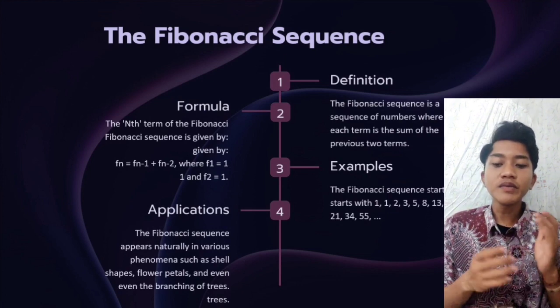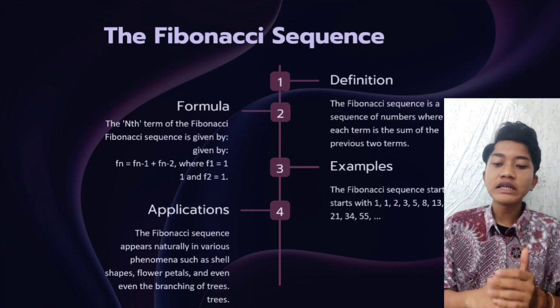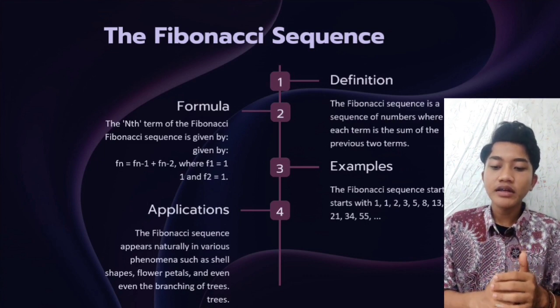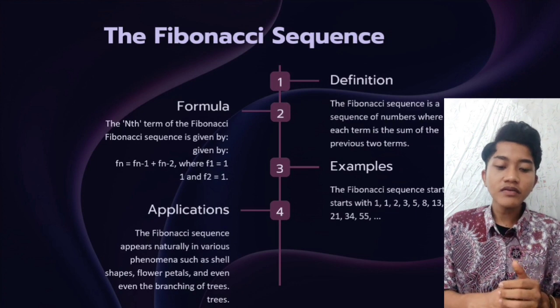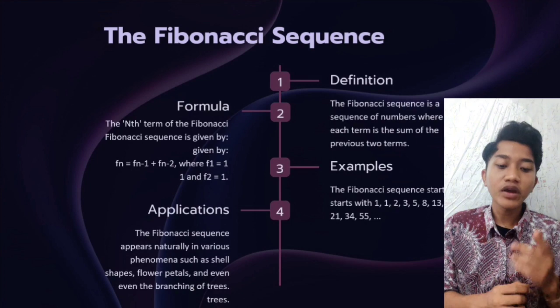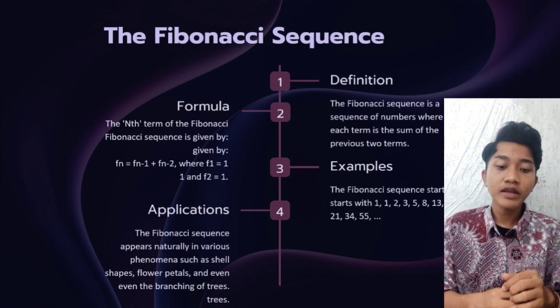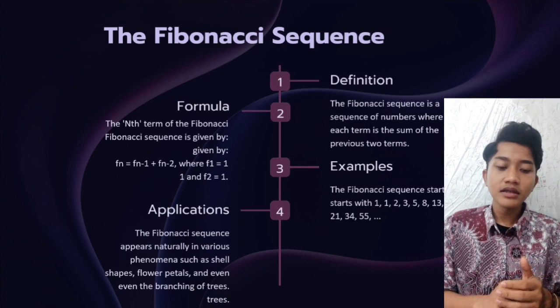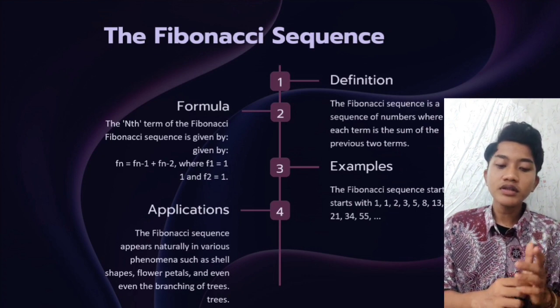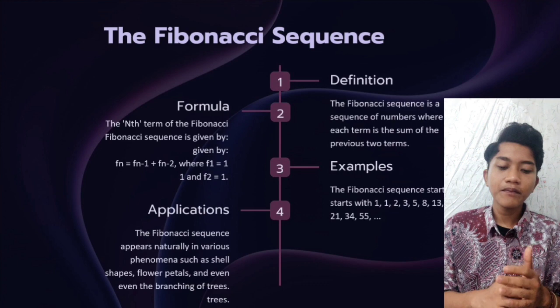The term of the Fibonacci sequence is given by the sum of the two preceding terms. Example. The Fibonacci sequence starts with 1, 1, 2, 3, 5, 8, 13, 21, 34, and 55.